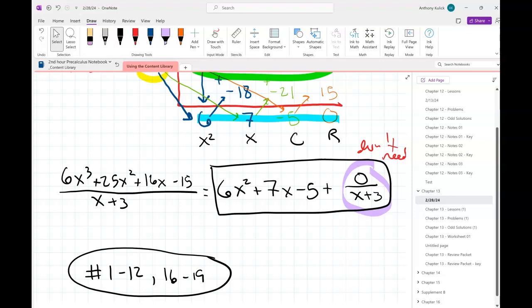As a heads up, I will be gone on Friday. You'll have a Delta Math to work on pertaining to this stuff.